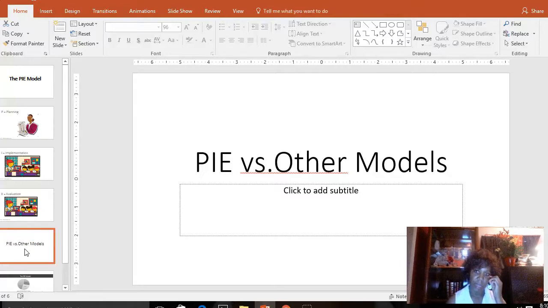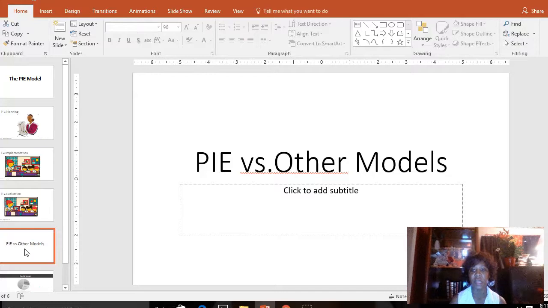Okay. In summary, the key features of the PI model are the three acronyms for the planning stages. That's planning, implementing, and evaluation. And then in each one of those processes, the students and teachers are a part of that 3-phase.